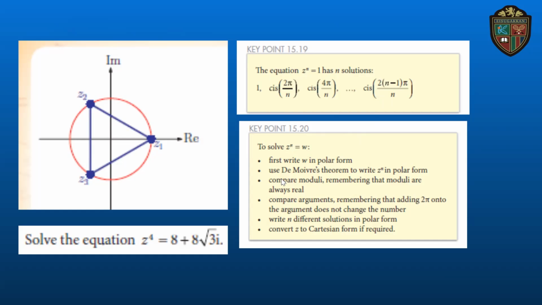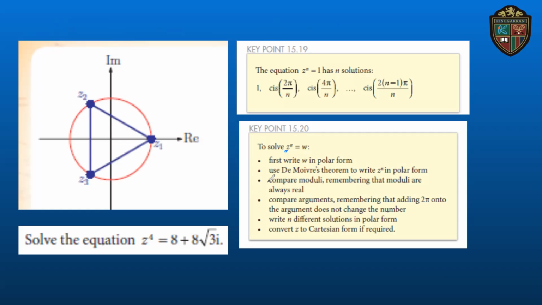First, write w in polar form, if it is given in Cartesian form. Then you will use De Moivre's theorem on this side of the equation, because you have the exponent in polar form.